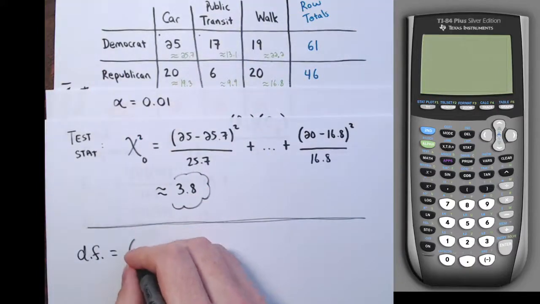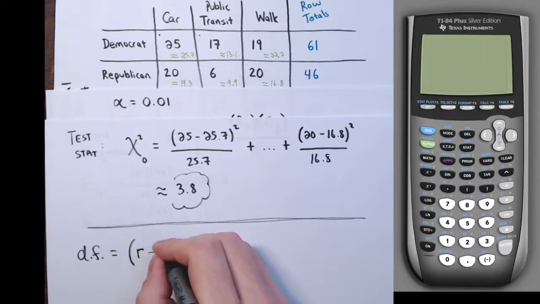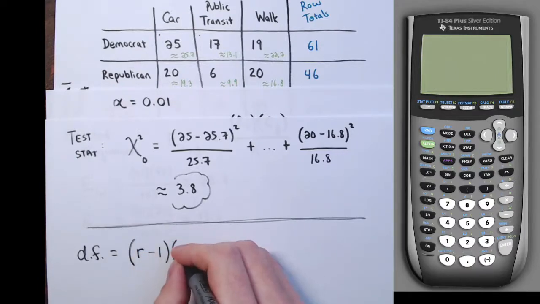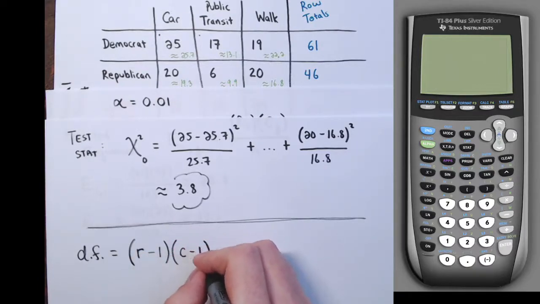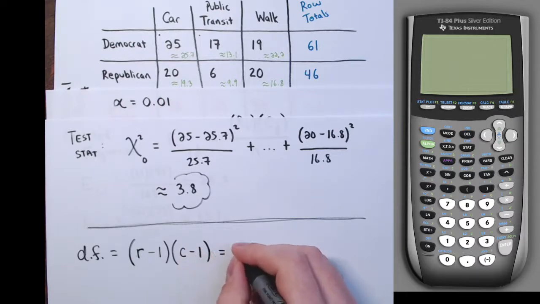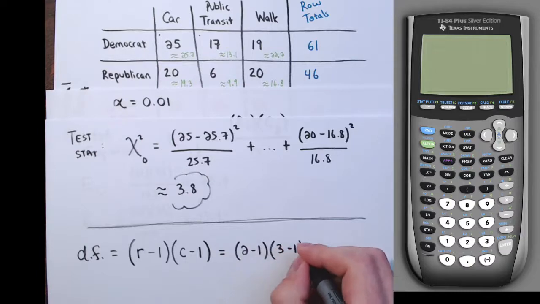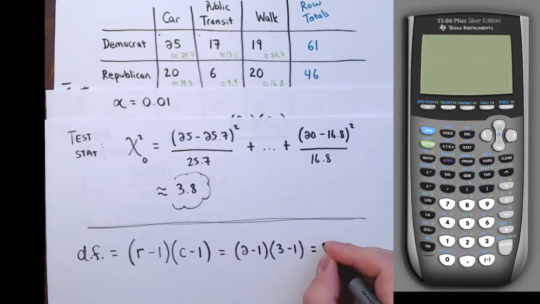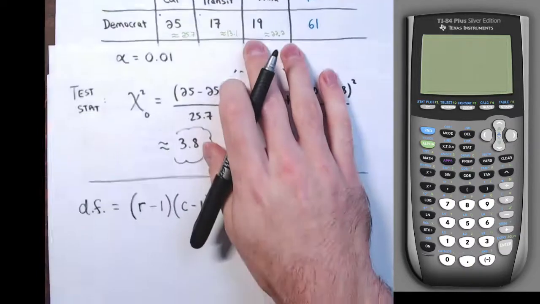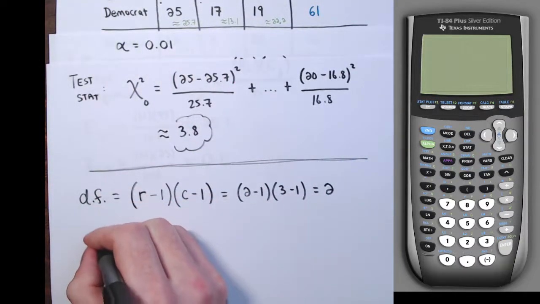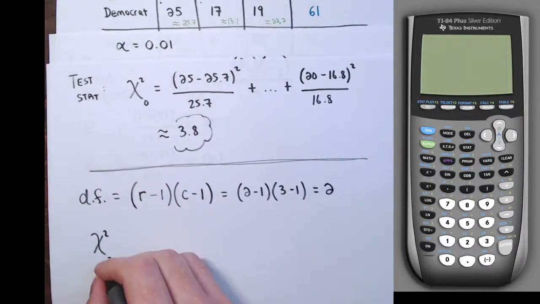And remember, the number of degrees of freedom for our chi-square distribution was the number of rows minus 1 multiplied by the number of columns minus 1. So that would be 2 minus 1 multiplied by 3 minus 1, which is just 1 times 2, or 2. 2 degrees of freedom. Alright, so we're looking at a chi-square distribution with 2 degrees of freedom.